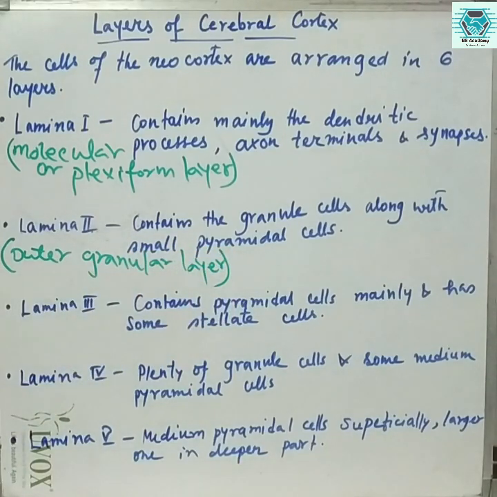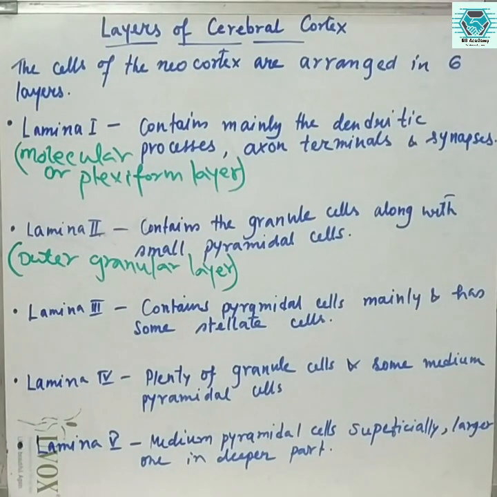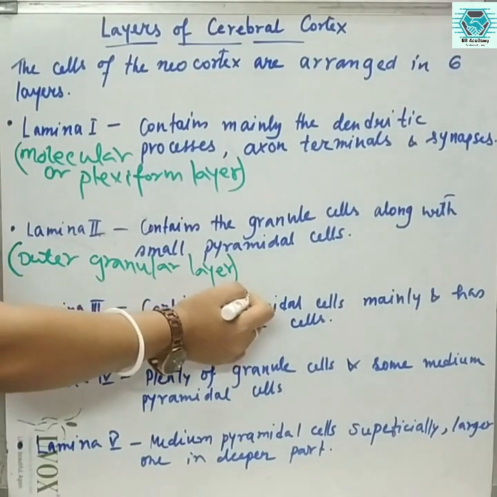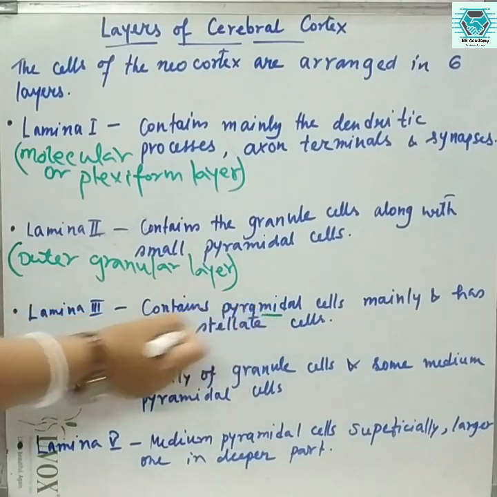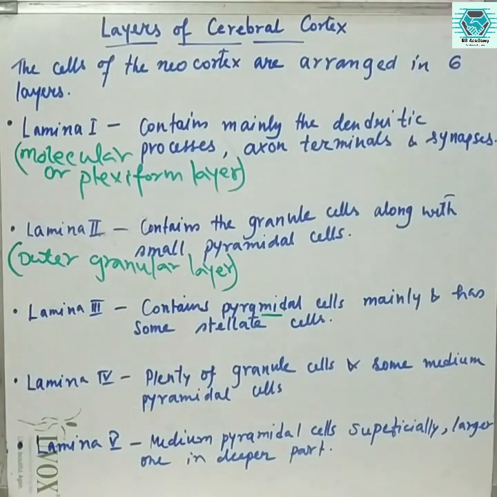Moving to lamina 3, which is formed of small pyramidal cells, and has some stellate cells also in this layer.